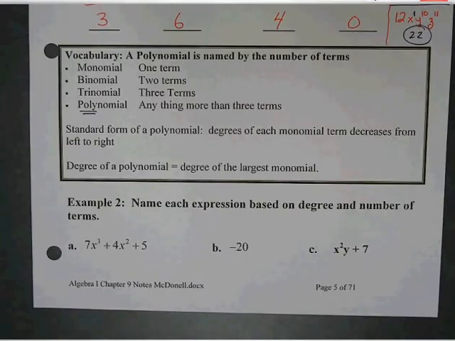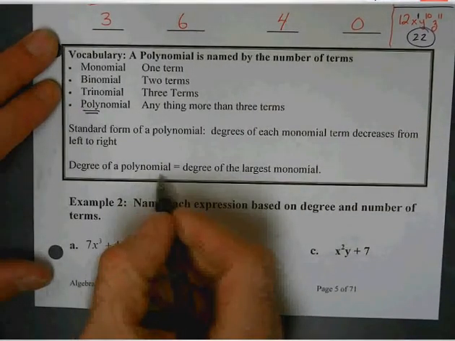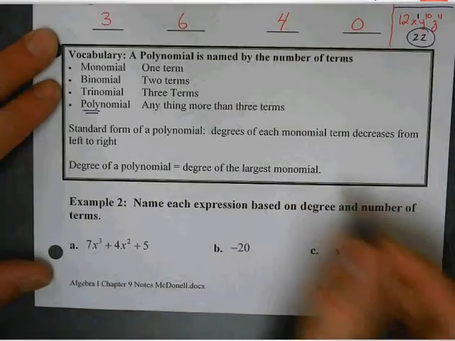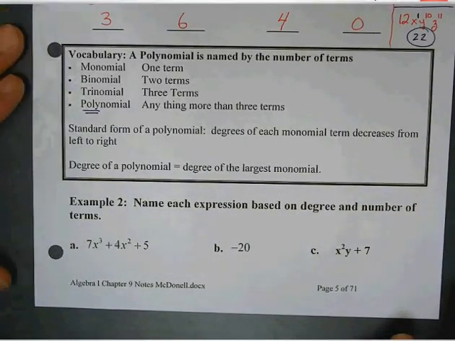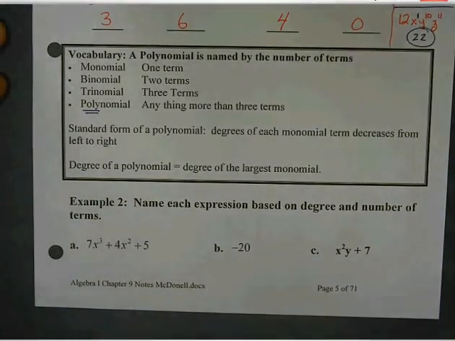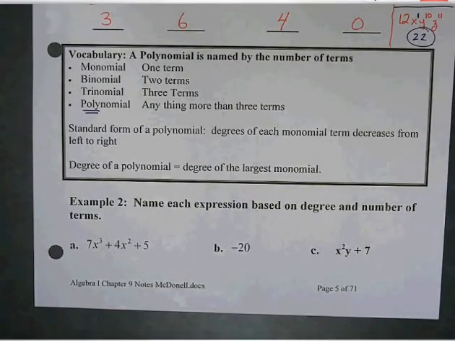What can have a degree of 0? A number. So like the 5 has a degree of 0. And then to tell the degree of a polynomial, it's the degree of the largest term. For example, if I asked, who is the tallest student in the class?